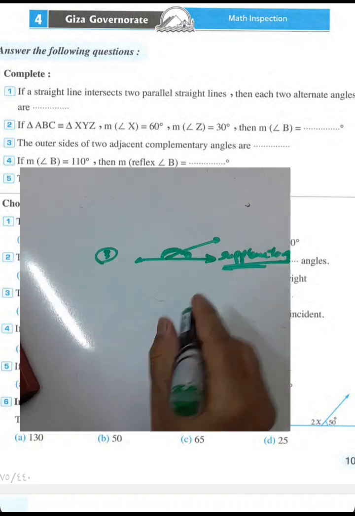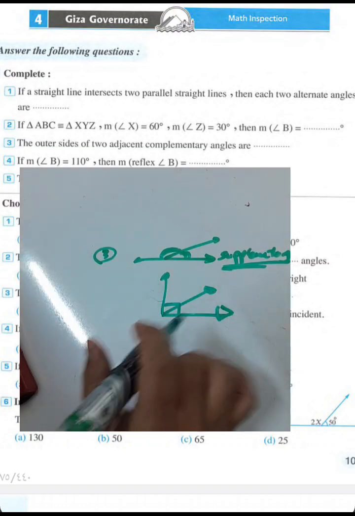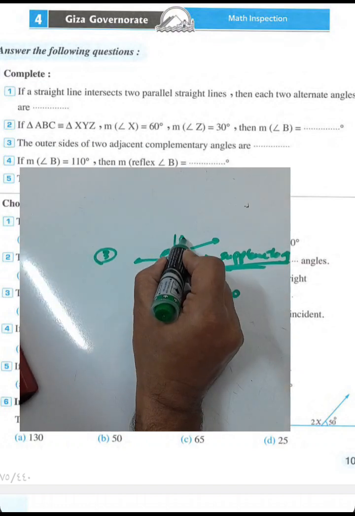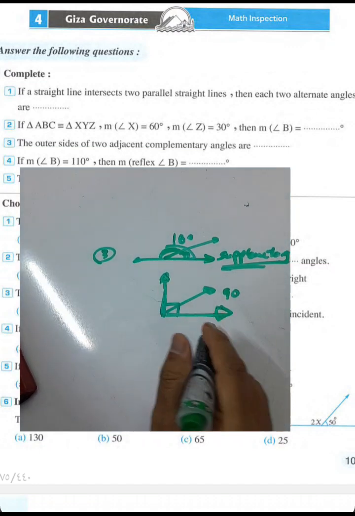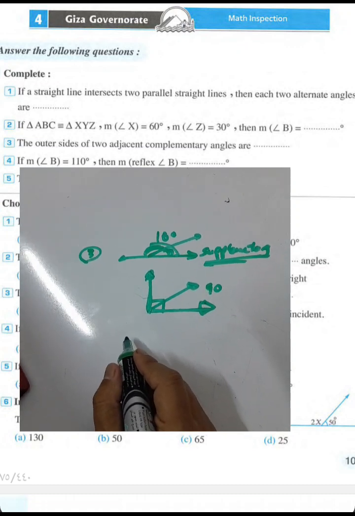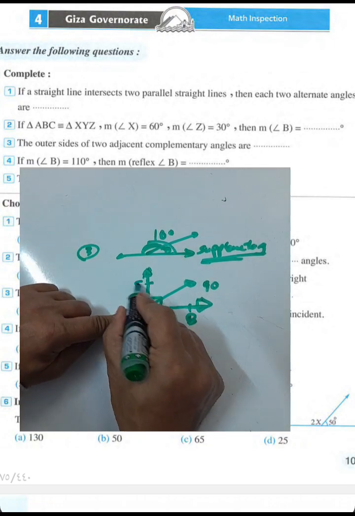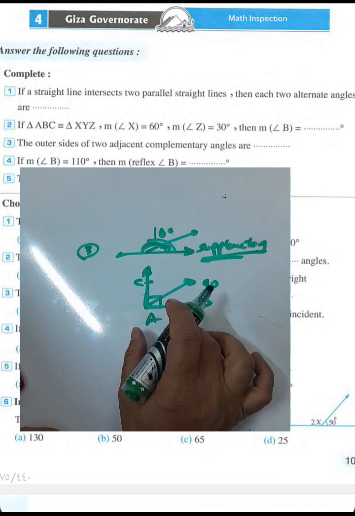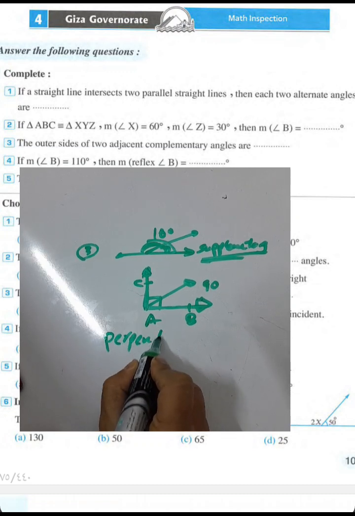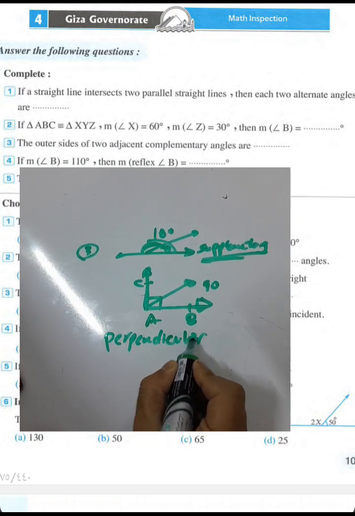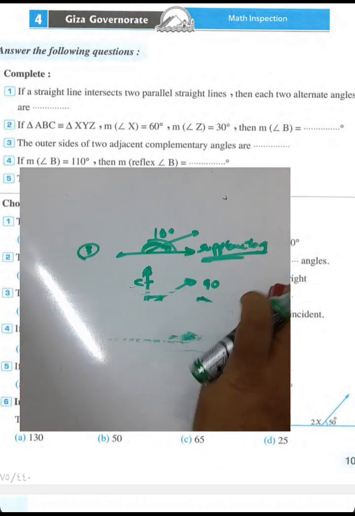But he gives us in the example complementary angles, where the sum of two angles equals 90 degrees, but supplementary angles have a sum of 180 degrees. He asked about the outer sides, such as EP and EC, we call them outer sides. The outer sides of two adjacent complementary angles are perpendicular. We call it what? Perpendicular. Understood? Next question.